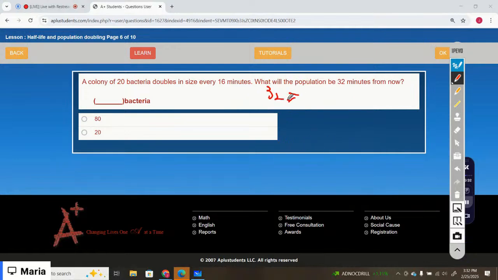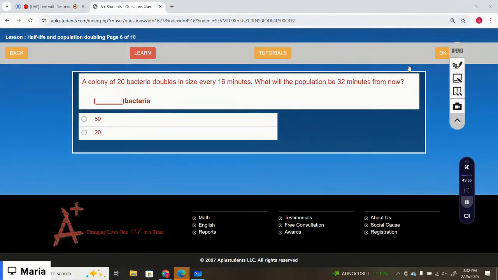So 20 times 2 times 2 is 80. Option number 1 is the correct option.